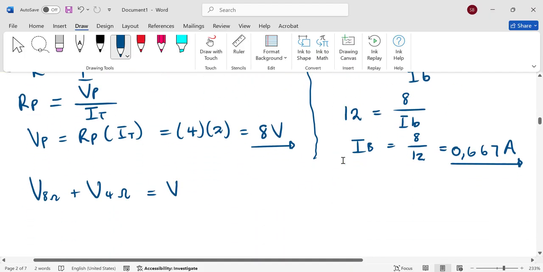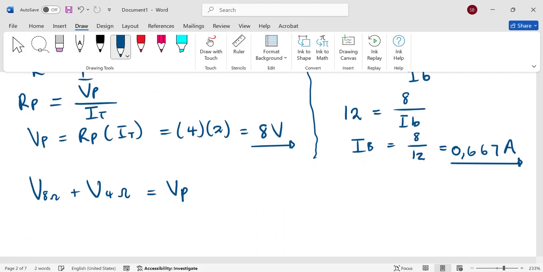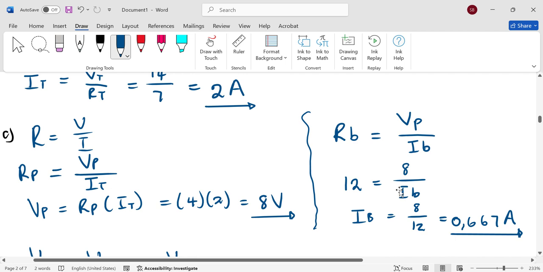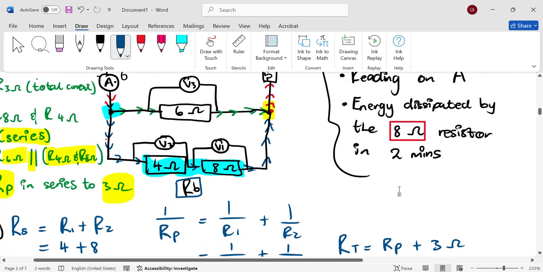Yes, it must be equal to the voltage in parallel, because the voltage in parallel is for the entire division. So V3 would be 8 volts, not ohms. I'm going to write that down.